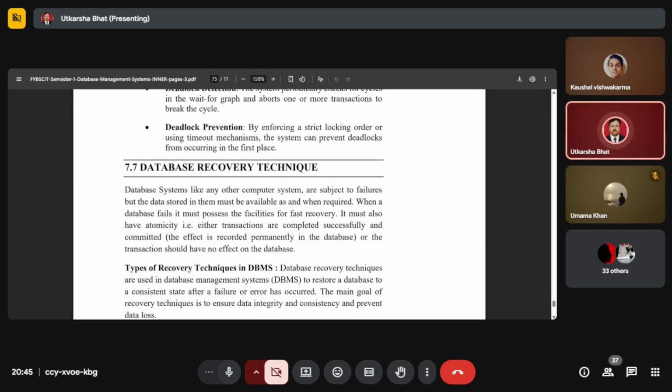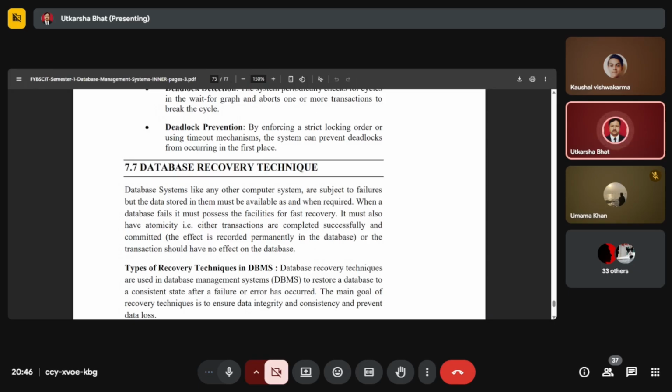Database recovery techniques. Database systems, like any other computer system, are subject to failure, but data stored in them must be available as and when required. When a database fails, it must provide facilities for fast recovery.